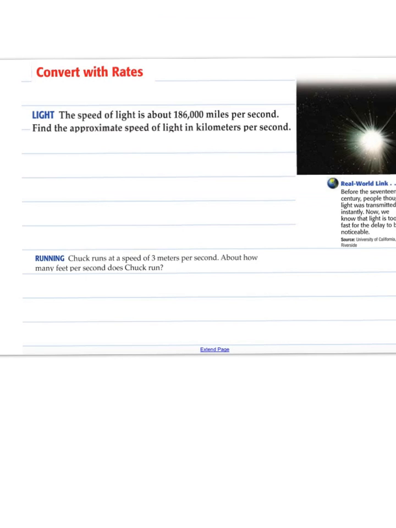So we take our 186,000 miles per 1 second, and we multiply that. 1 mile is 1.61 kilometers, so we're going to multiply it by 1.61 kilometers over 1 mile.